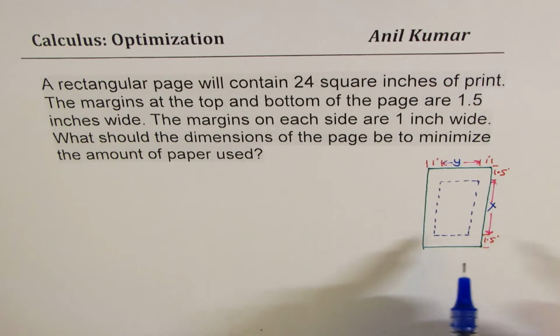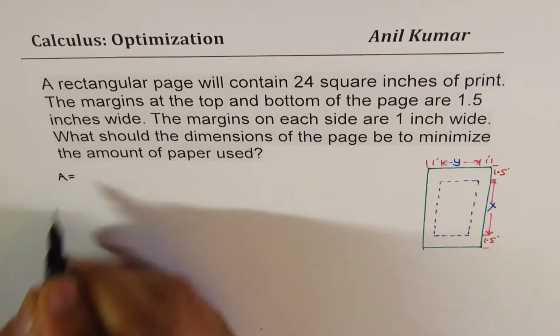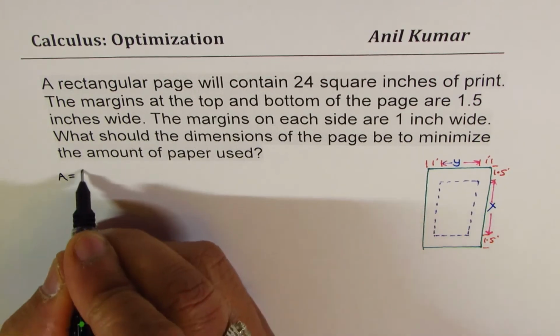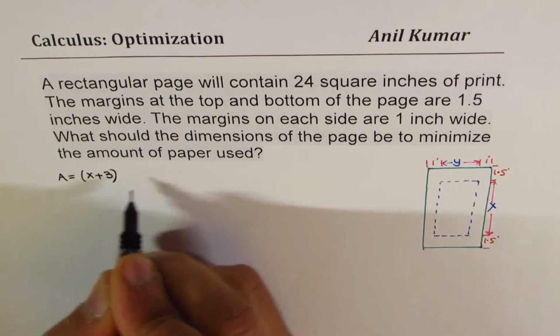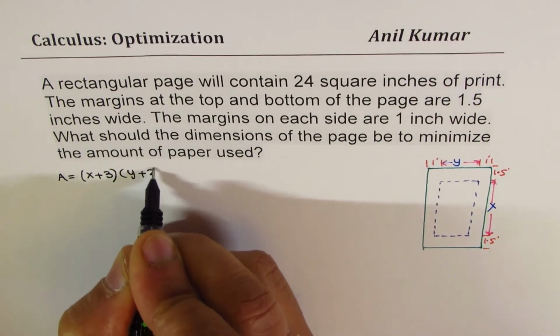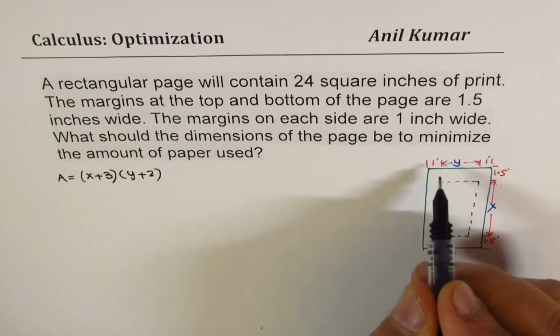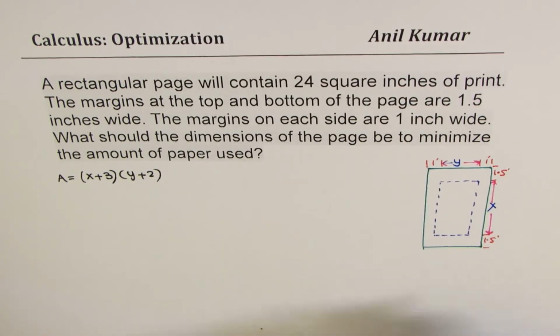So from this particular diagram, we can always write what area is. Area is equal to x plus 3 times y plus 2. Perfect. So y plus 2, let me write it here.